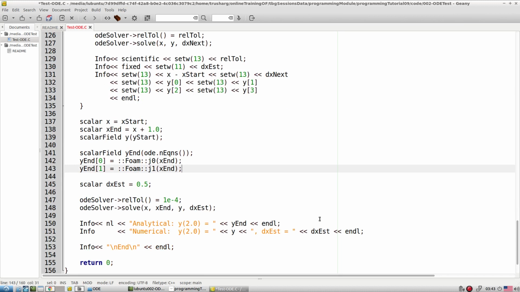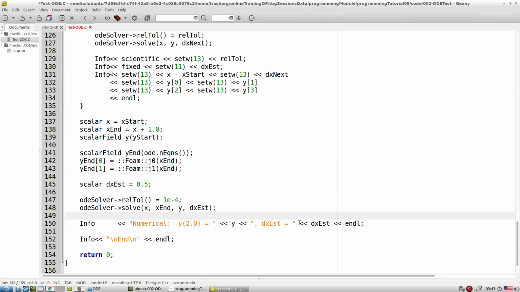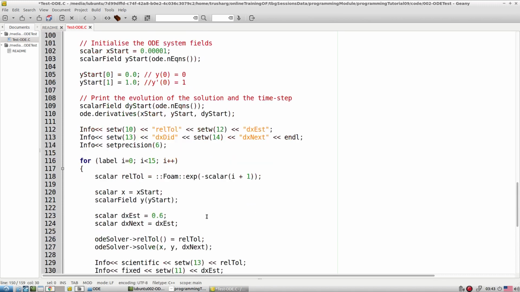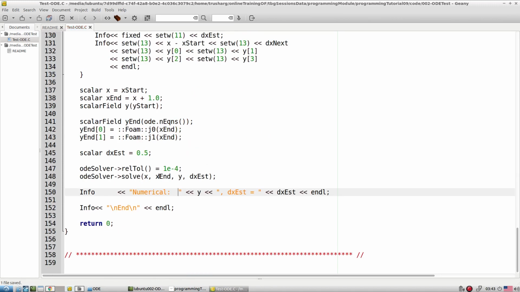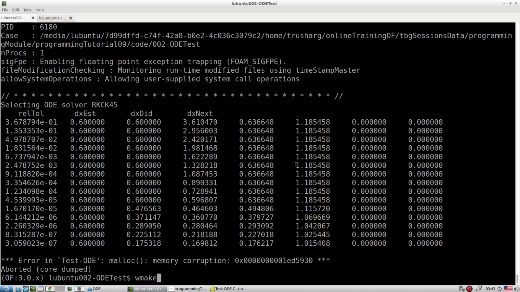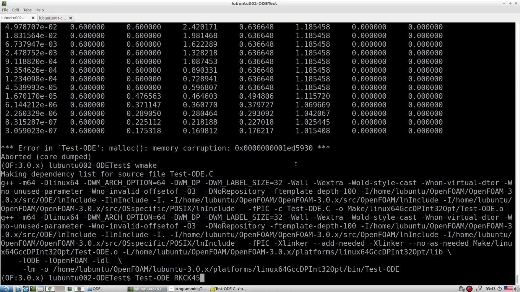Then the analytical result is also not required, so let's delete that. And this is numerical, not y equal to, so for the numerical result we are supposed to have an answer. Okay, so let's try to compile it again and run it.